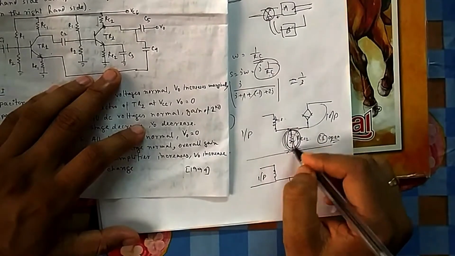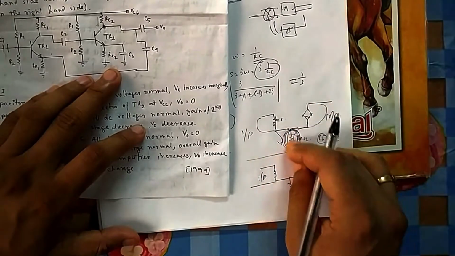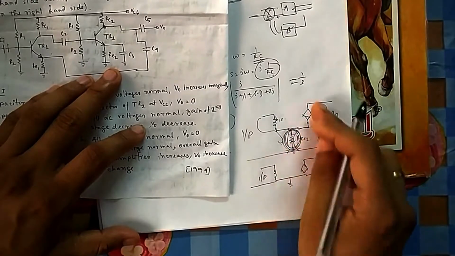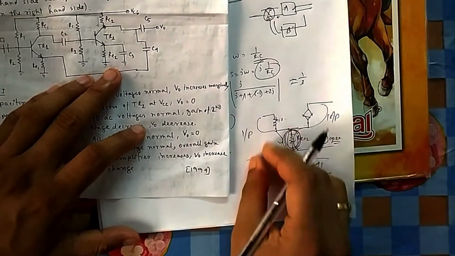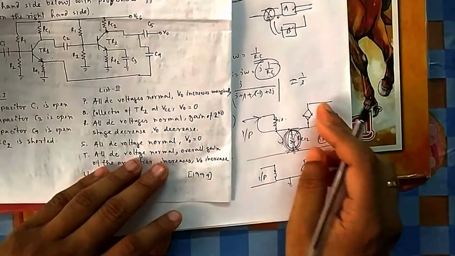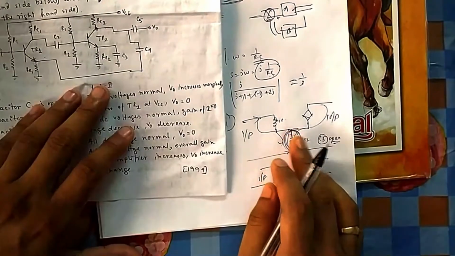It is measuring the output current through it and then injecting voltage in the input side. Input side voltage is increased. So it is current series feedback, connected in series also. We have seen this one.